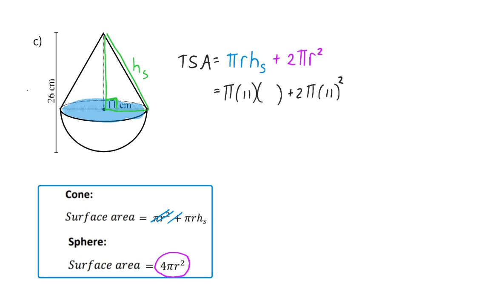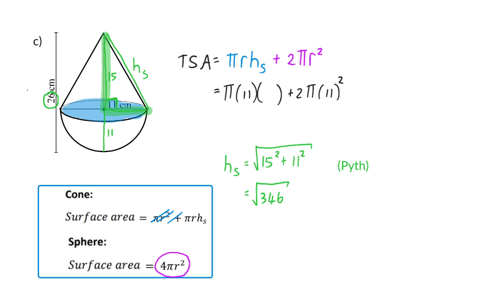Now you need to realize that for the hemisphere, the radius is 11, which means of the total height of our shape of 26, there will be 15 that is part of the cone. So to calculate this slant height, we're going to have the square root of 15 squared plus 11 squared. This will give us a slant height of square root 346.